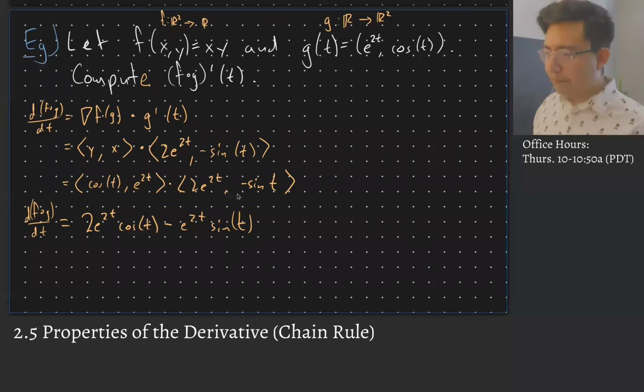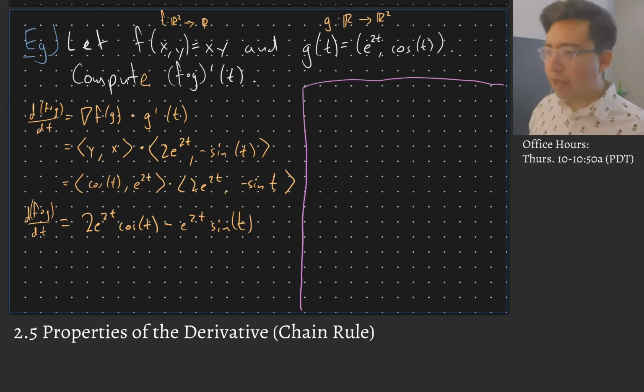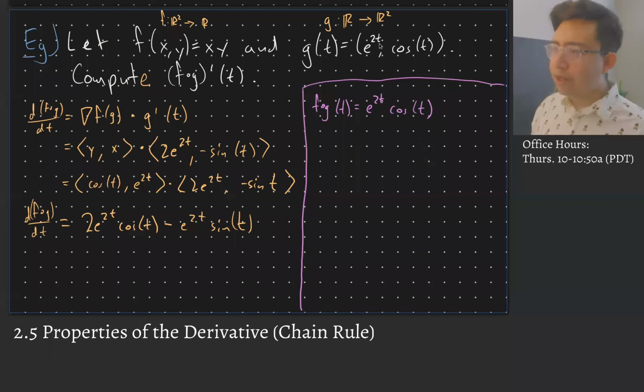Alternatively, without using the first special case of the chain rule, you can say that f of g of t is just equal to e to the 2t cosine of t, because f of x, y is just x times y, and if you plug in g of t into that, you get this times this.